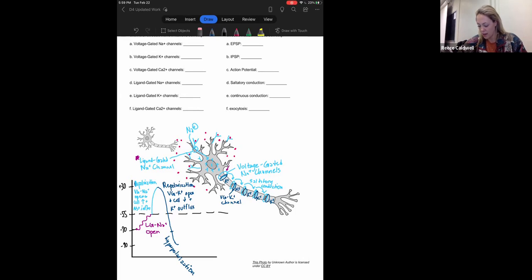So once we hyperpolarize down to about -90, we will either have another set of depolarization, or we will return to rest. So what we see is that once that voltage-gated sodium channel opens and we have this depolarization, I forgot to add this right here at about this point.